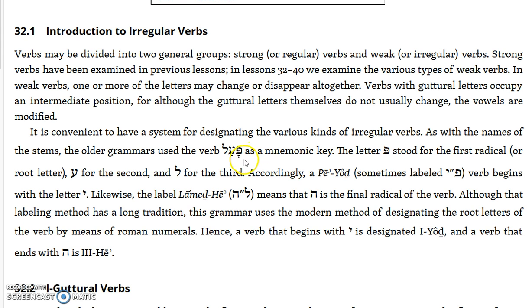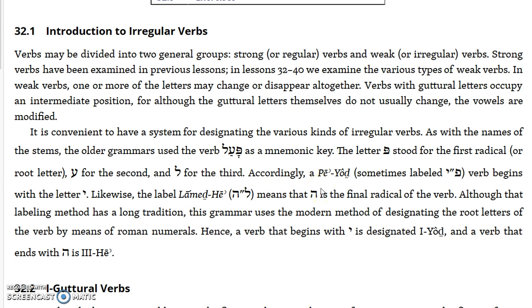If there was a problem with the first letter of a root, they would say that would be a I-Guttural verb or a I-Aleph verb, using the pei to stand for the first letter of the root. Ayin would stand for the second letter of the root, and lamed would stand for the third letter of the root. And so you could talk about pei-yod verbs.